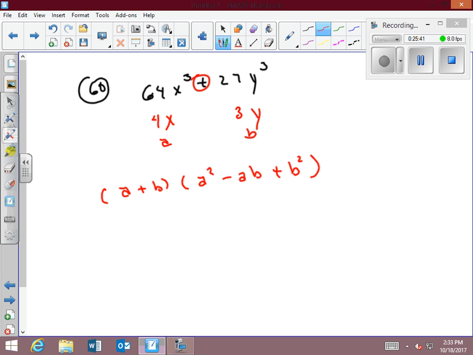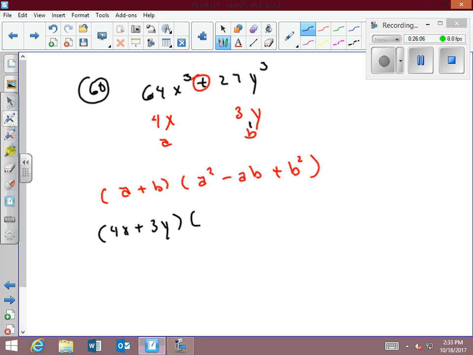That will be right on the algorithm sheet. So now what are you going to put? You're going to put A, 4x, plus B is 3y.